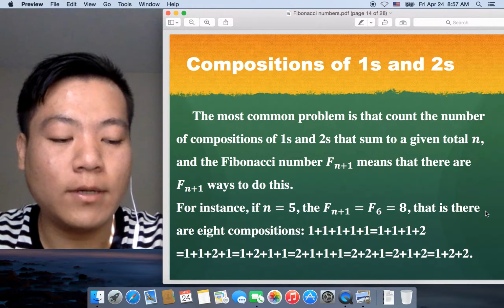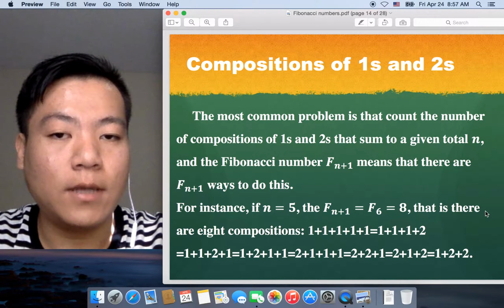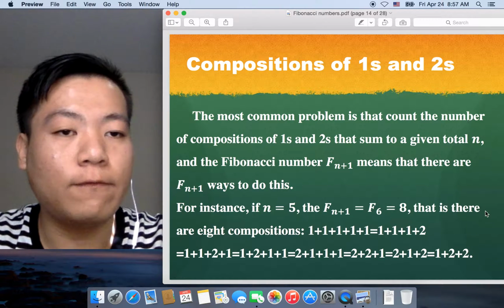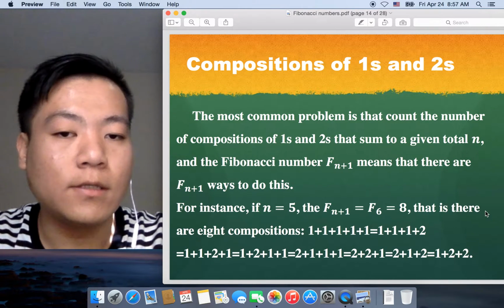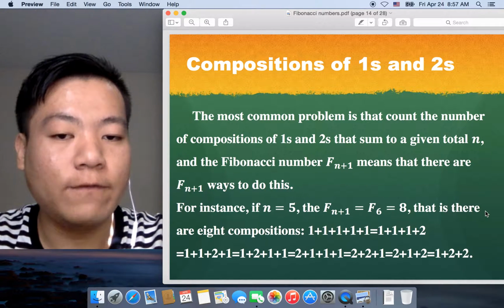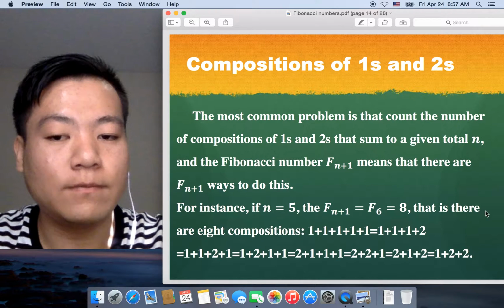Fibonacci numbers have many explanations, and they can be explained by compositions of ones and twos. The most common problem is to count the number of compositions of ones and twos that sum to a given total n, and the Fibonacci number Fn plus 1 means there are Fn plus 1 ways to do this.